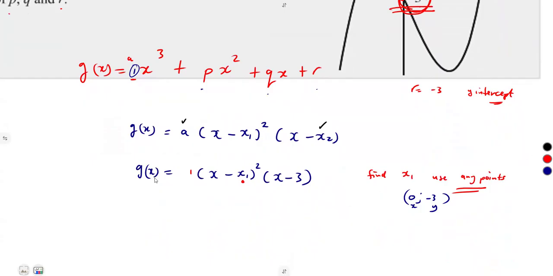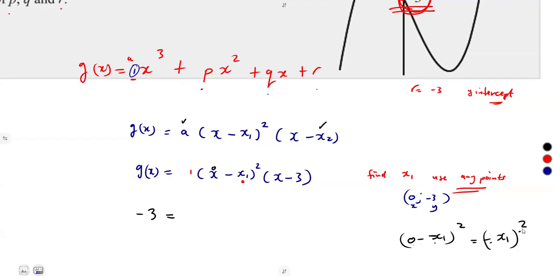Substituting y is minus 3, so minus 3 is equal to, our x is 0, so 0 minus x1 squared. 0 minus x1 is minus x1, then we square it.